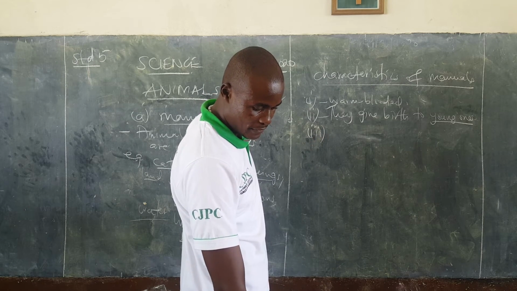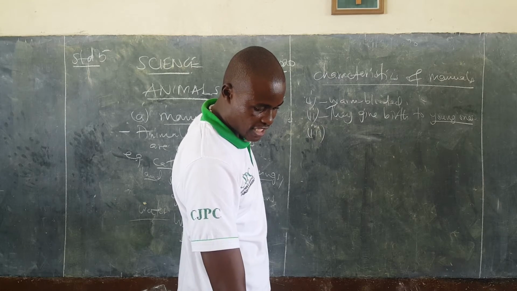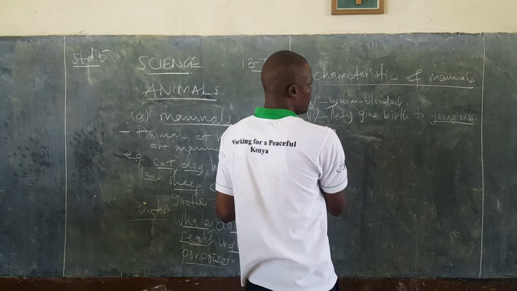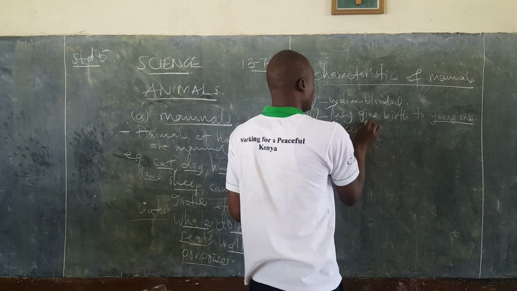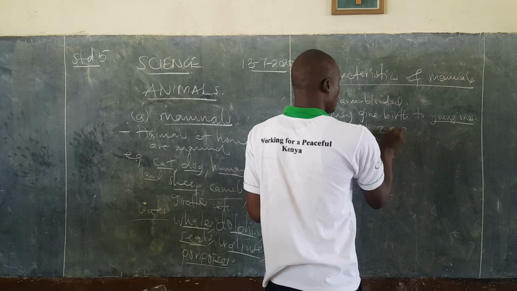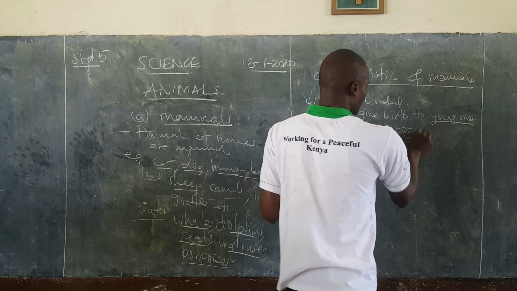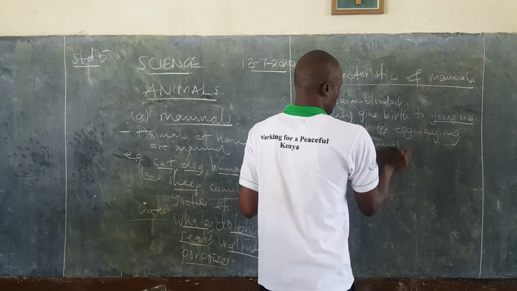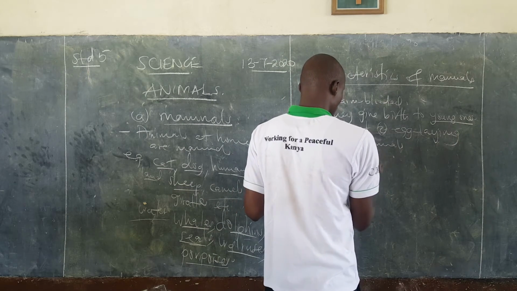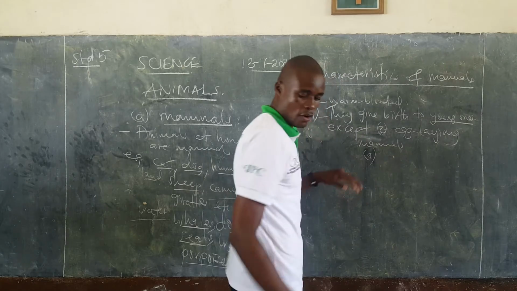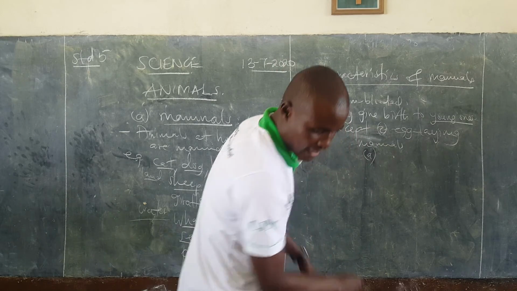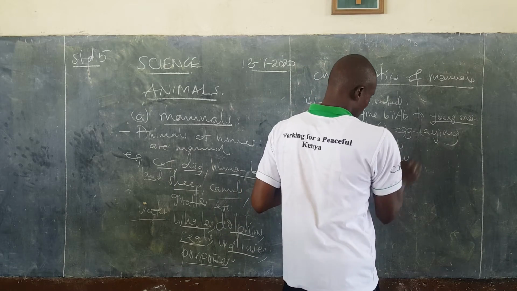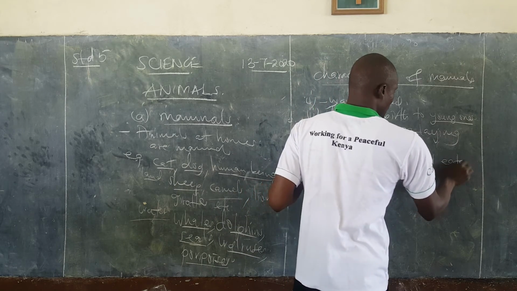And again, where have we mentioned that except for egg-laying mammals, they give birth to young ones? I didn't mention this: there are only two egg-laying mammals. One is the spiny anteater.